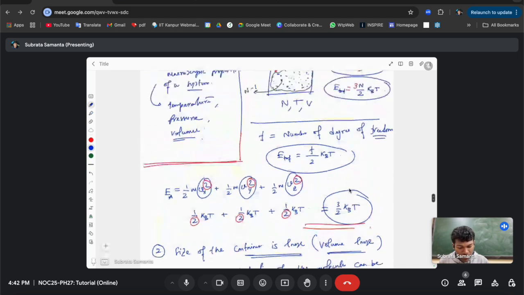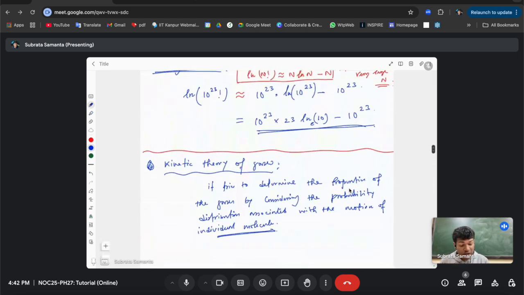So first of all, I wrote this: it tries to determine the properties of gases by considering probability distributions. So now we come to this point: what is the probability distribution of the molecules under these assumptions?